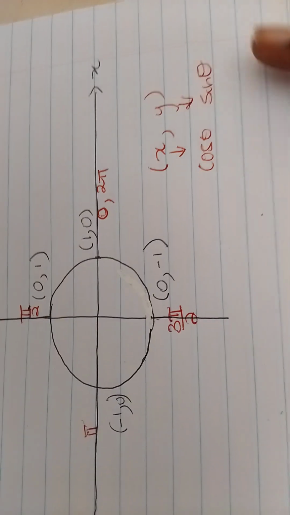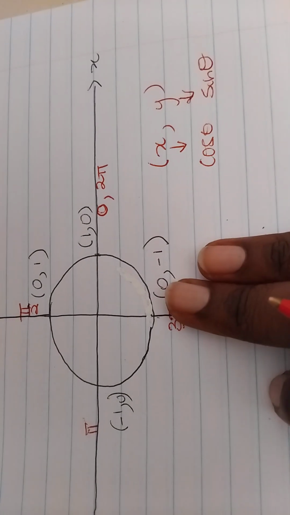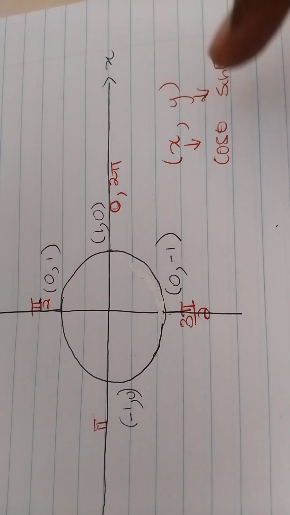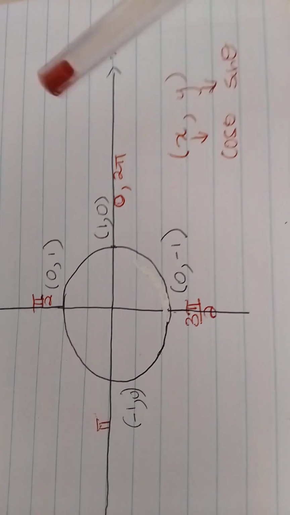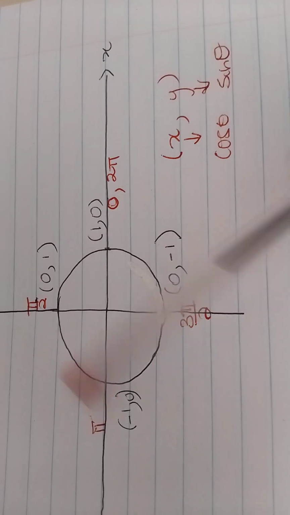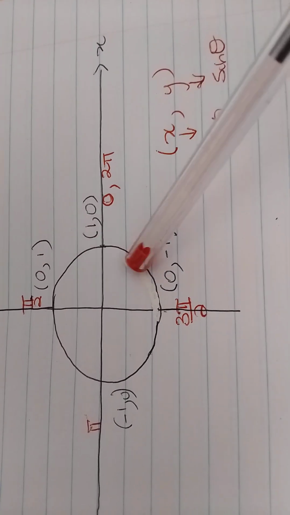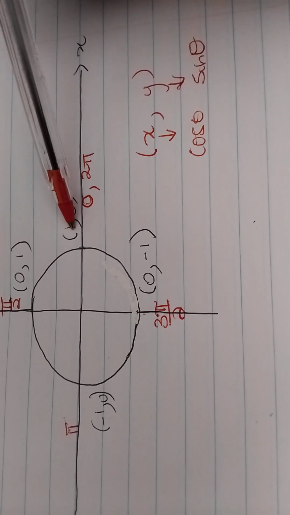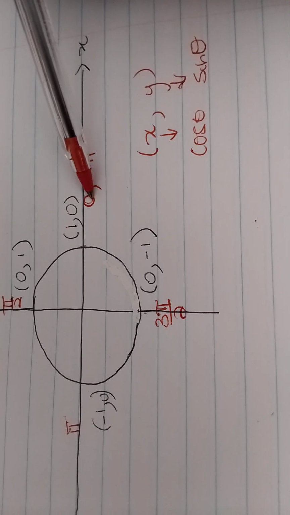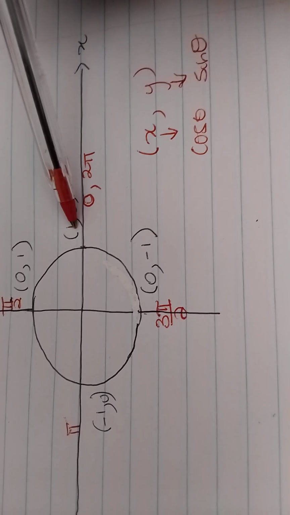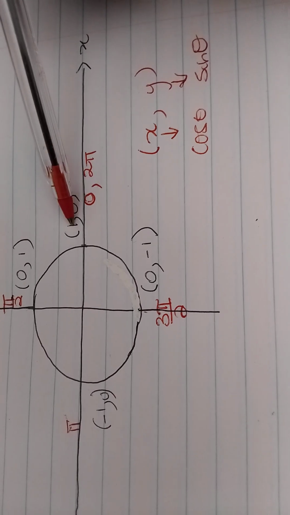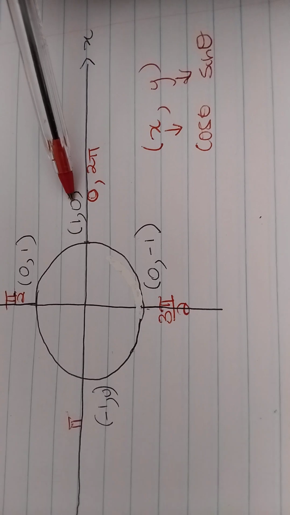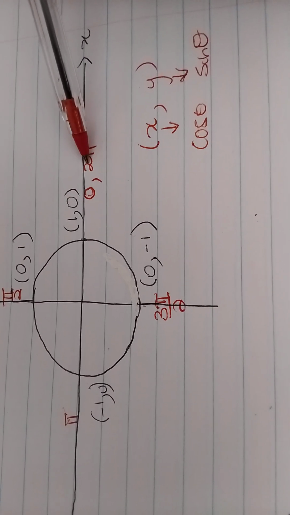Right, so now it's easy for us to evaluate the cosine and sine of these angles using the unit circle. So the cosine of 0 radians, cosine is x, is 1, and the sine of 0 is 0. The same goes for 2 pi.